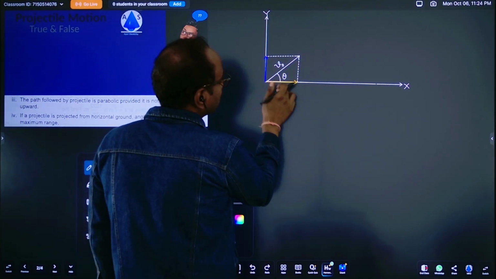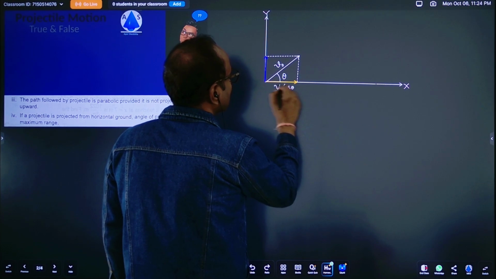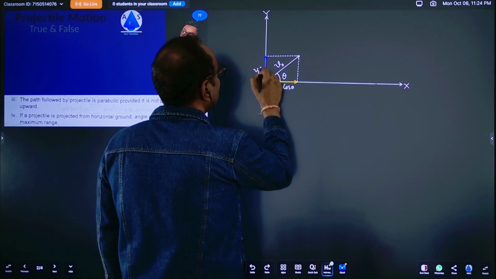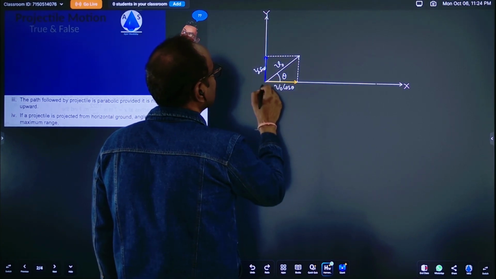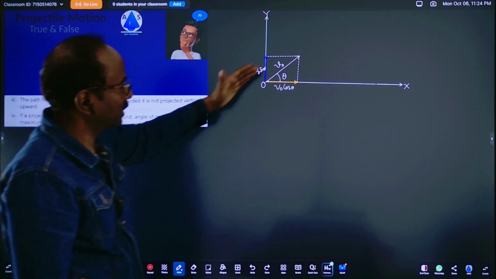And you know that the horizontal component will be v naught cos theta, and the vertical component will be v naught sin theta. This is your origin. We take the point of projection as the origin.